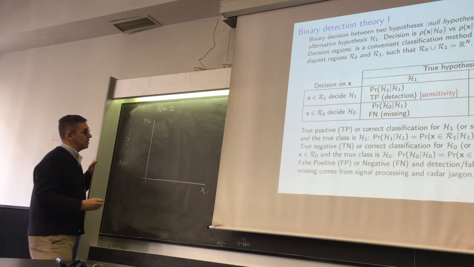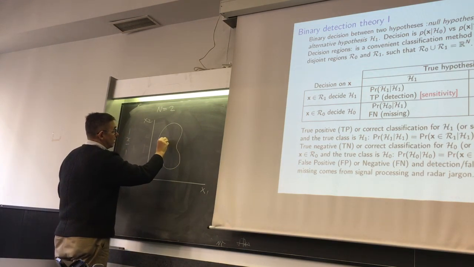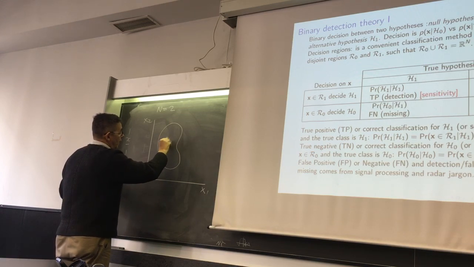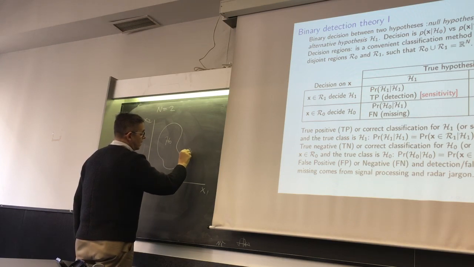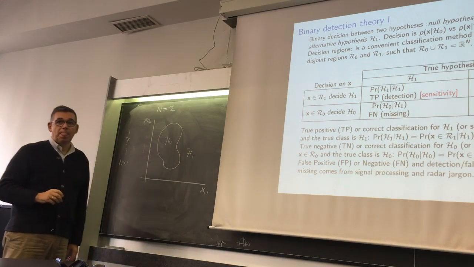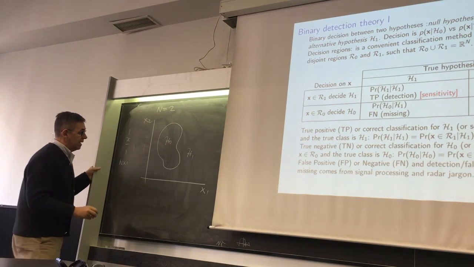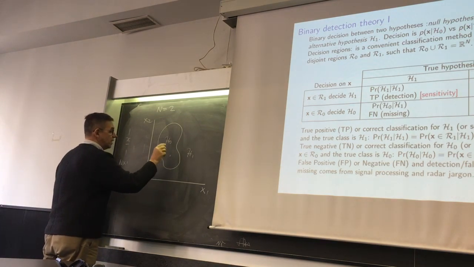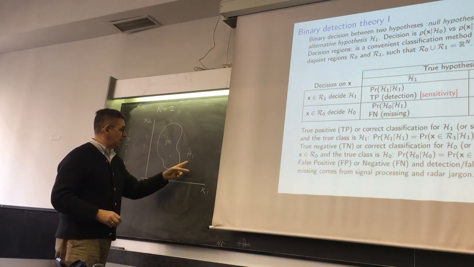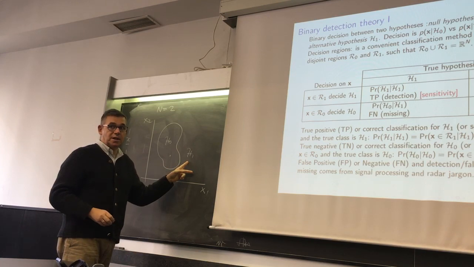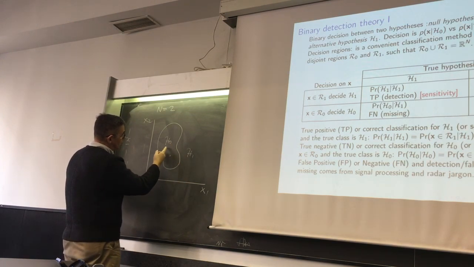So the decision region says that if I stay in this region, then I decide for H0. If I stay outside of that, then I decide for H1. So if I have one measurement, if this measurement goes here, then I decide for H0. And if the measurement stays here, then I decide for H1. So this is for the decision.